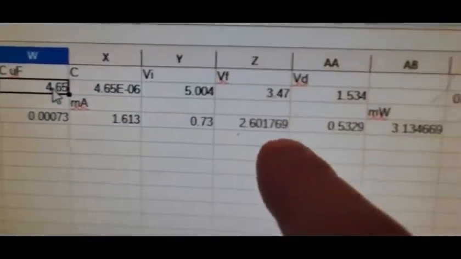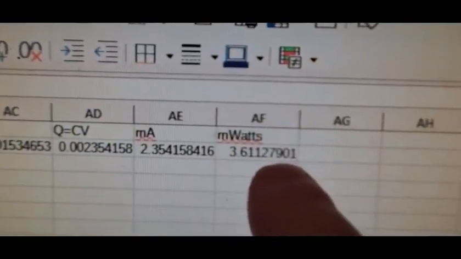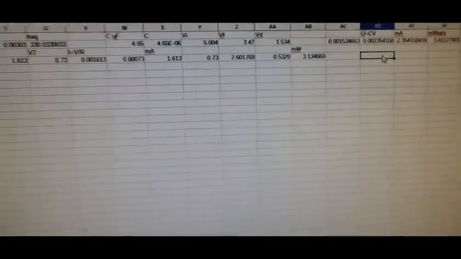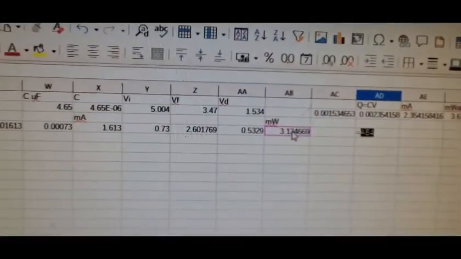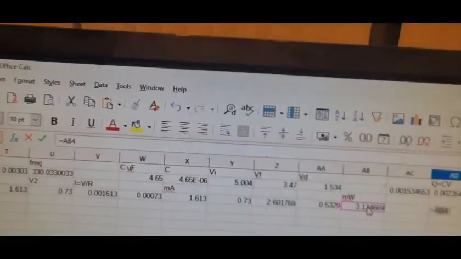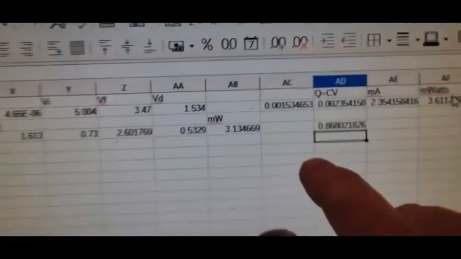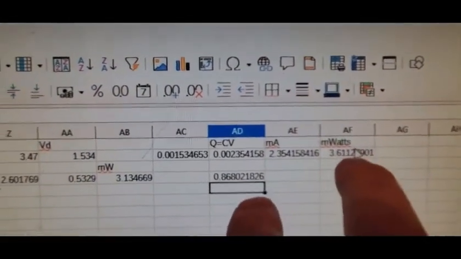So milliwatts out from one is that, milliwatts out from the other, total milliwatts out is 3.13, and in is 3.6. So if we divide those two, it's 86% efficient, and not too shabby.